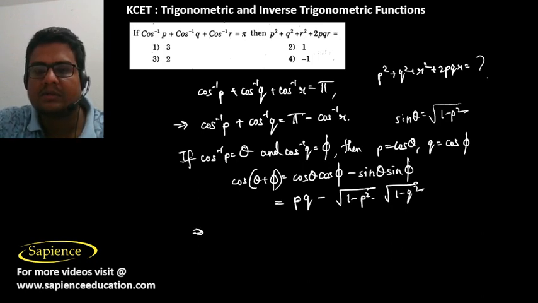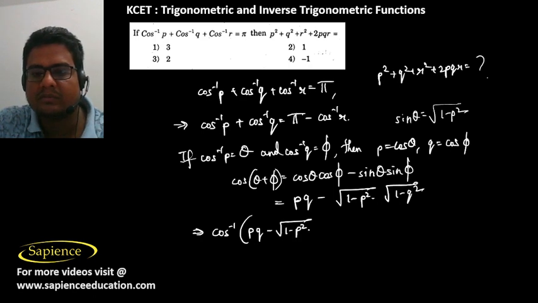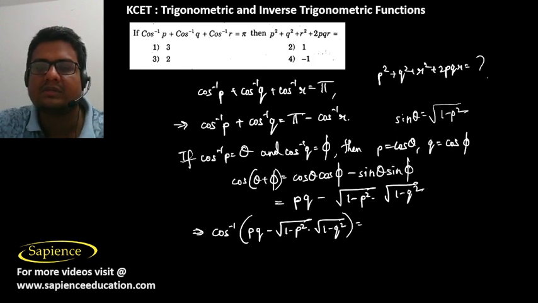So this is theta plus phi. So cos inverse of P plus cos inverse Q can be written as cos inverse of PQ minus square root of 1 minus P square into 1 minus Q square, that is equal to pi minus cos inverse R.